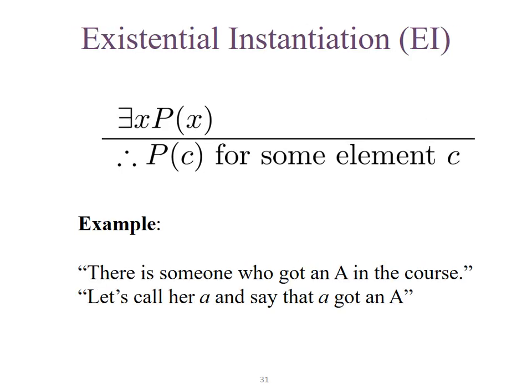All right, next one, existential instantiation. If for some x P(x) is true, then we can find a particular instance c, because it is already given that for some x P(x) is true, and we can conclude that for that particular element c, P(c) is true.